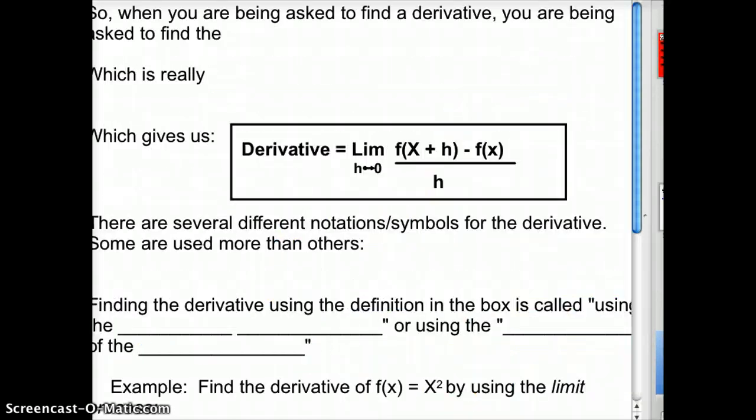On the next page, now you should have your notes out. When you're asked to find the derivative, you are really being asked to find the slope of the tangent line. So let's write that.